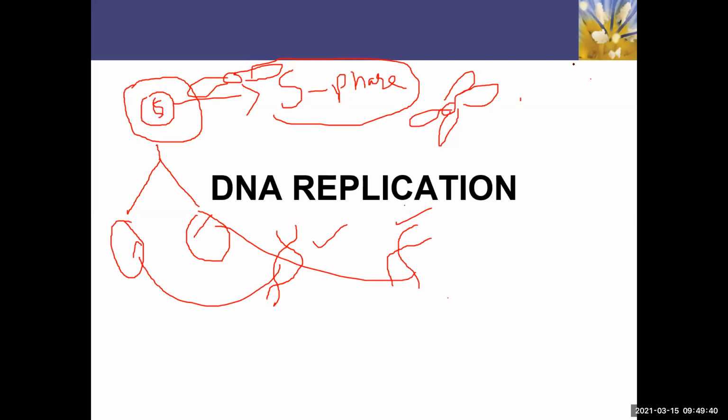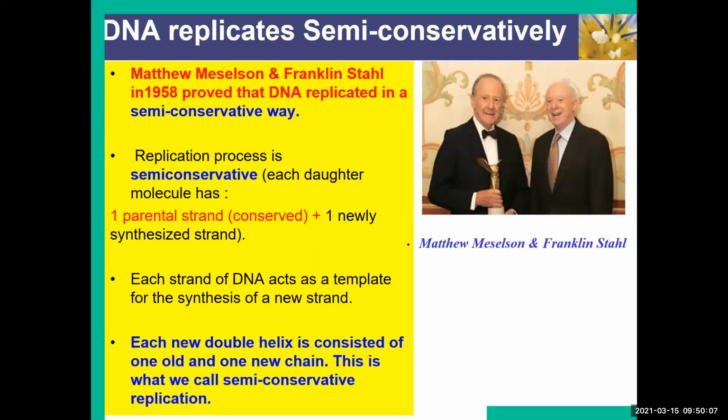That is why DNA replication is very important. In DNA replication, the two strands are separated to form two identical DNA molecules, identical to their parent. That is the introduction to DNA replication.